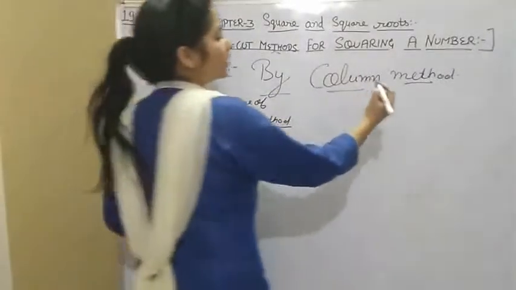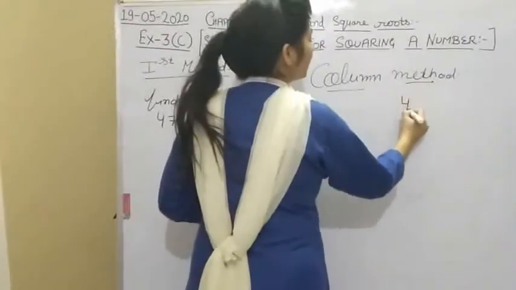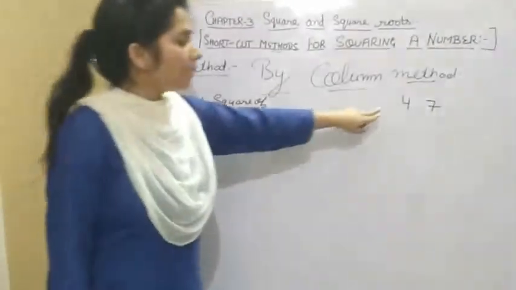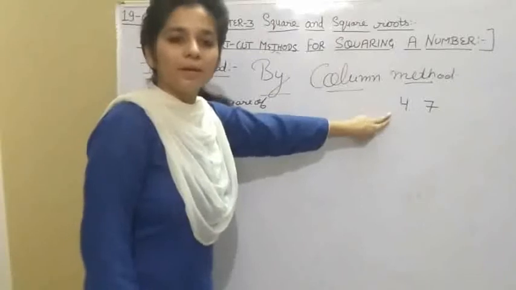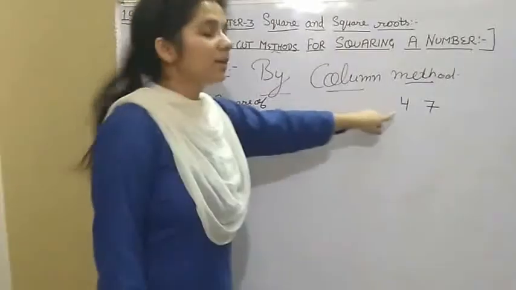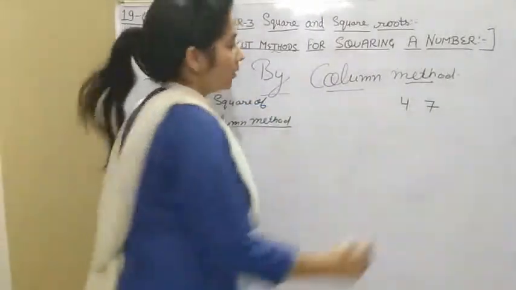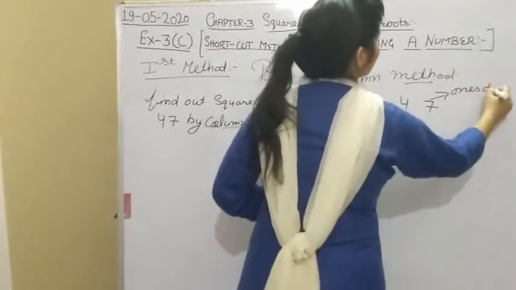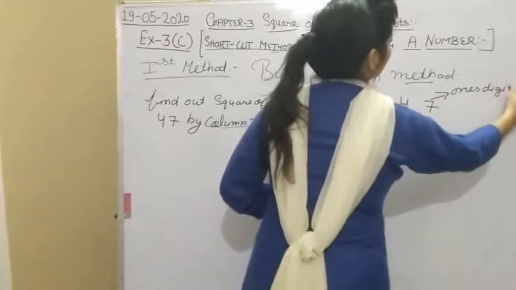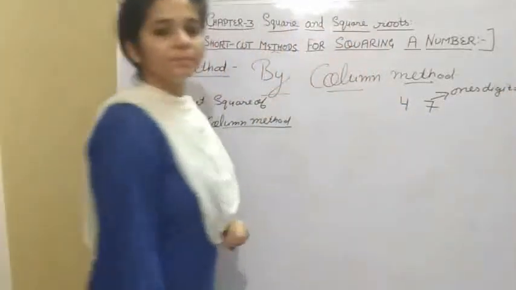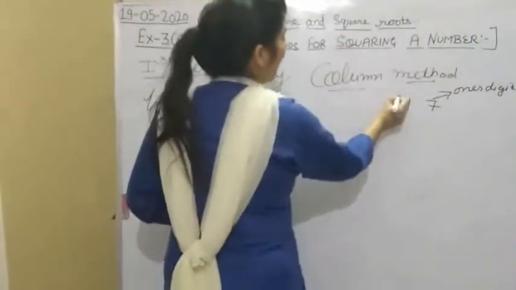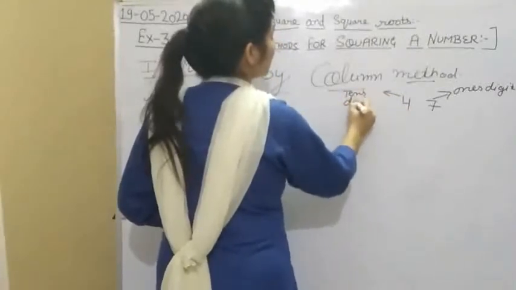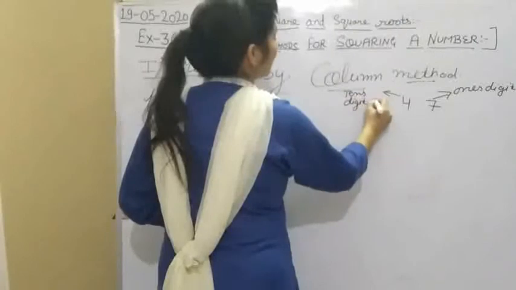You have a two-digit number that is 47. आपके पास टू डिजिट नंबर गिवन है that is 47. Your ones digit is 7 and your tens digit is 4.